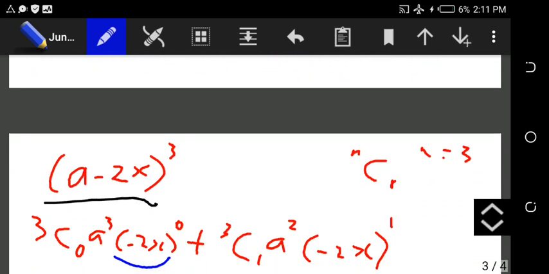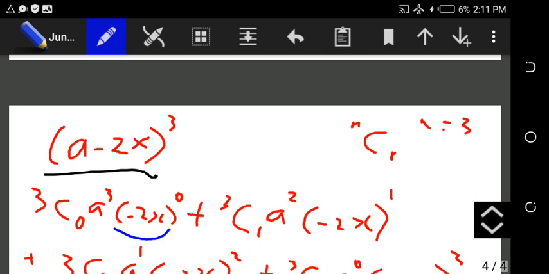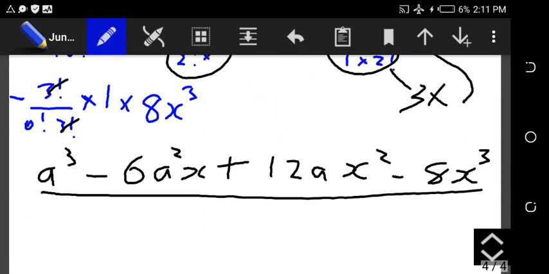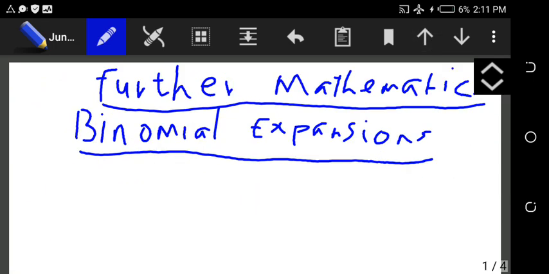Now you might go ahead and utilize your Pascal's triangle, and you would see that you also get this. So that's one of the things that you want to try out to make sure that you are at home with this topic. So this is basically what the binomial expansion is all about, using your combinations.